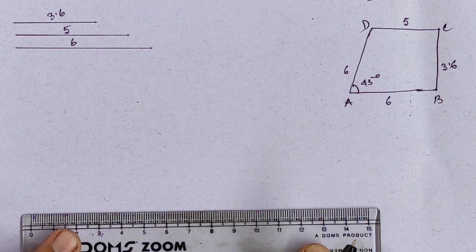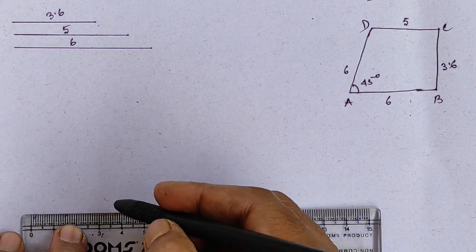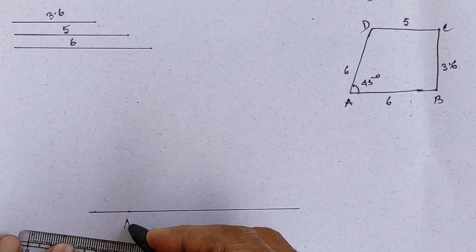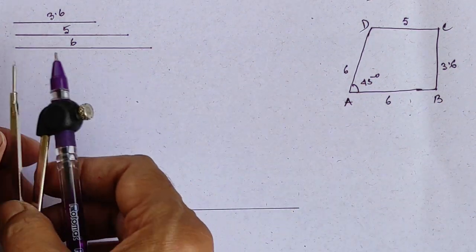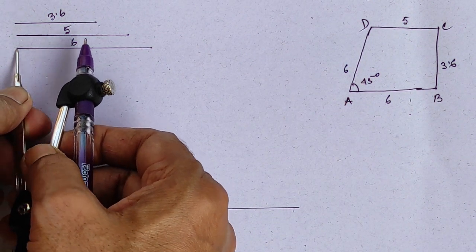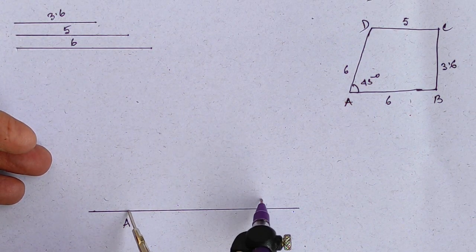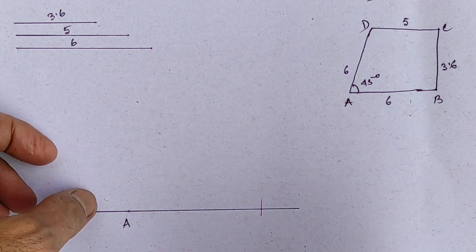Now we will draw one line segment on the main space. Take a point as A on it. Measure 6 centimeters for AB. This point is B.